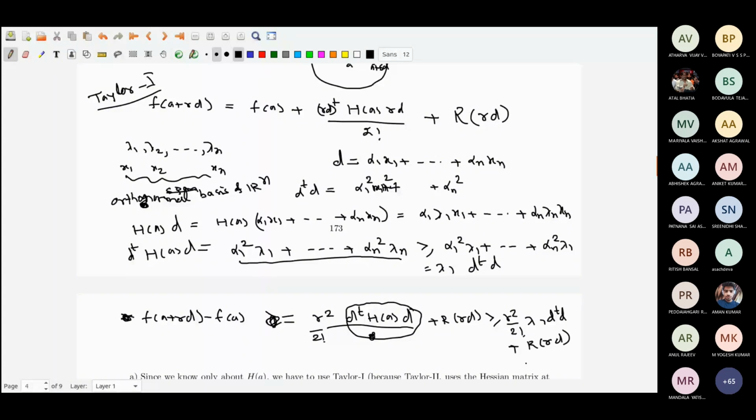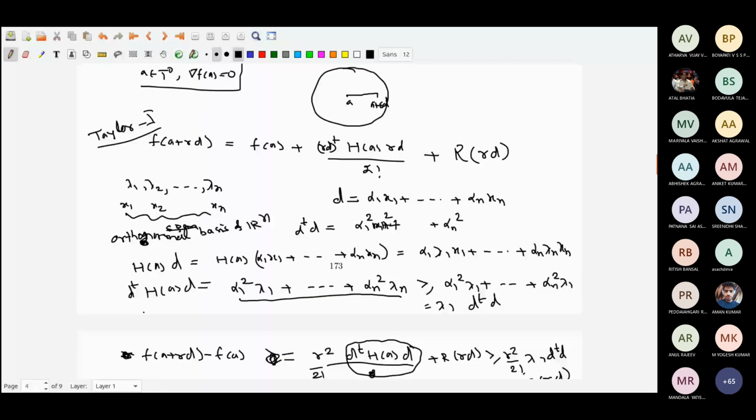Okay, now what else is given to me? It is given that the limit of RRD by R square as R goes to 0 is equal to 0. This is also given to me.